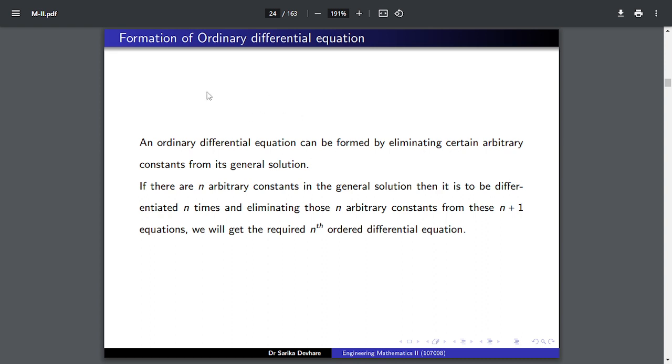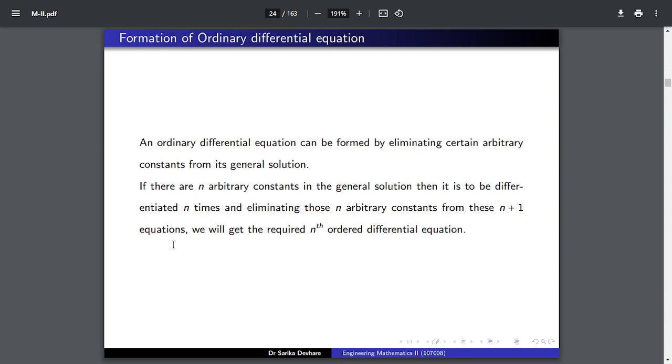Okay, so the next topic is formation of an ordinary differential equation. In this, we particularly study the ordinary differential equation. An ordinary differential equation can be formed by eliminating certain arbitrary constants from its general solution.